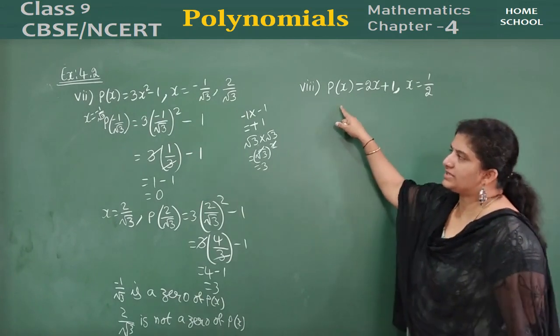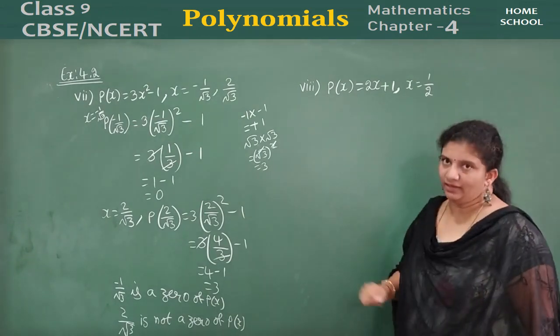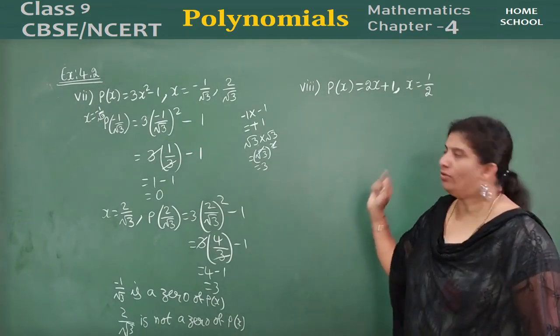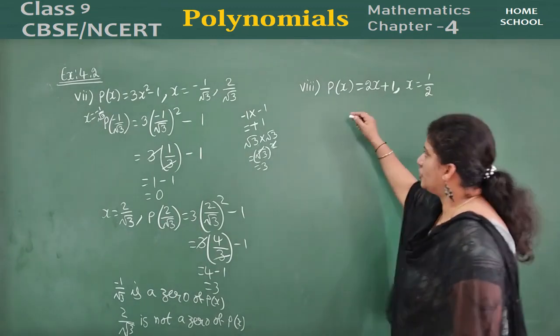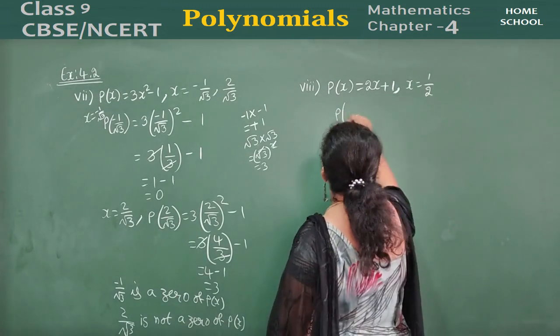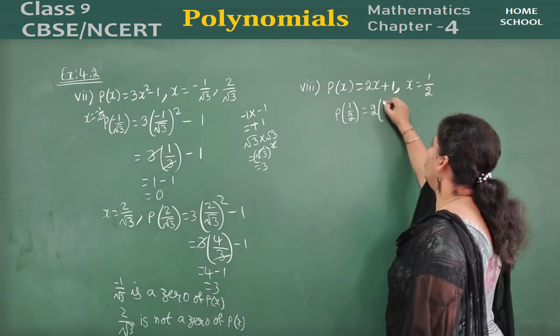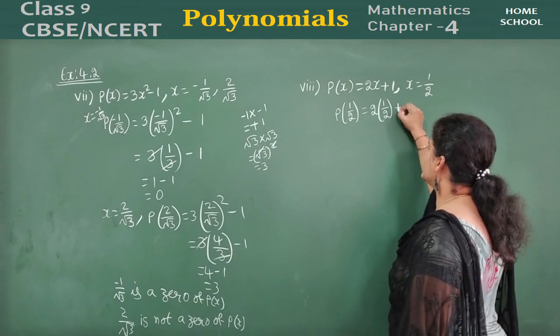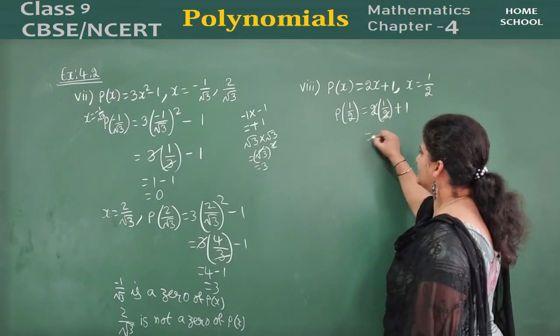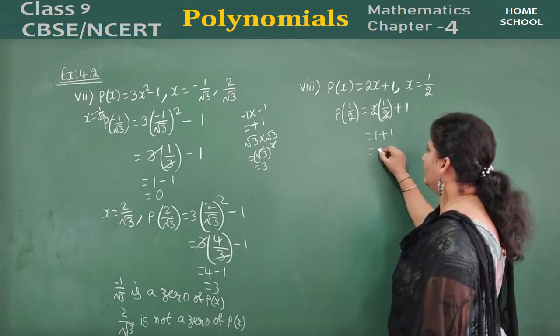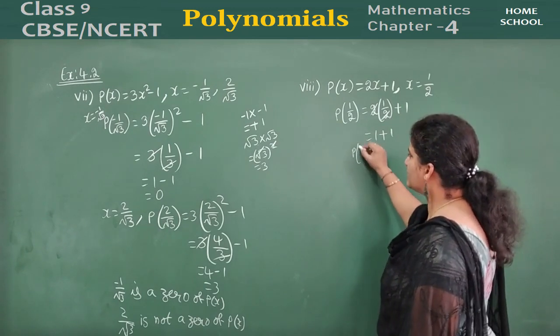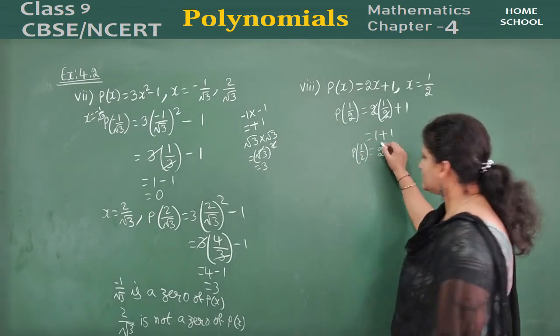P of x is equal to 2x plus 1 where x is equal to 1 by 2. Let's substitute here. P of 1 by 2 is equal to 2 into 1 by 2 plus 1. 2 cancel. 1 plus 1 will be 2. Did you get the value of the polynomial as 0?